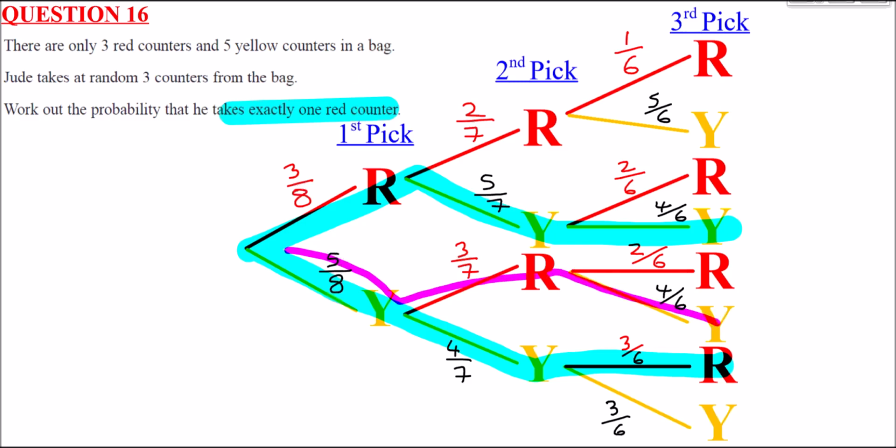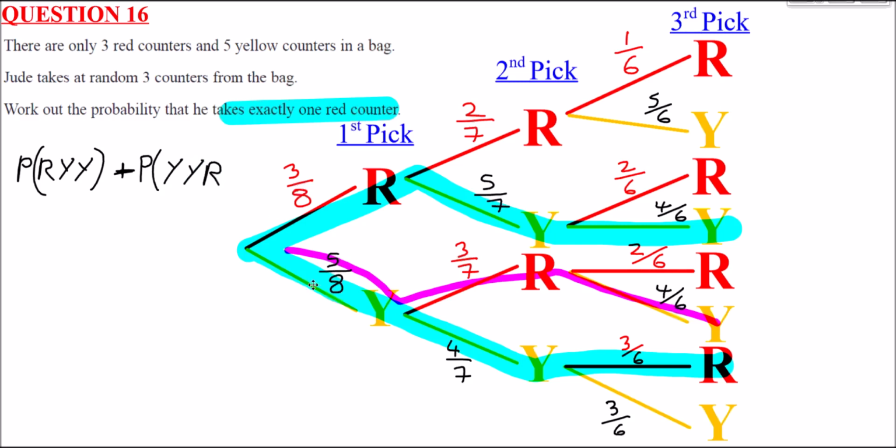So there's 3 different branches. So it's a probability. It could be red, yellow, yellow. Or, to work out all we add, could be the probability of yellow, yellow, red.